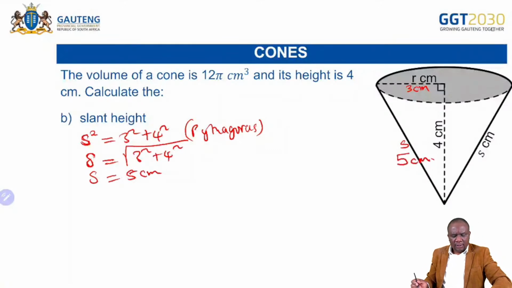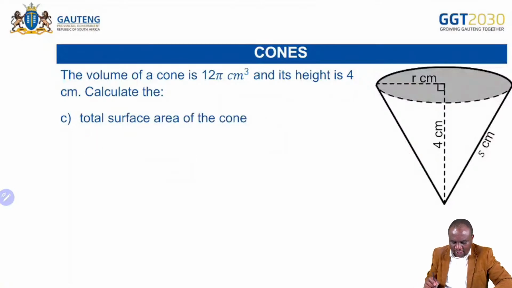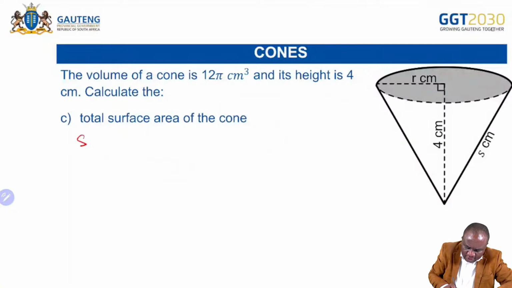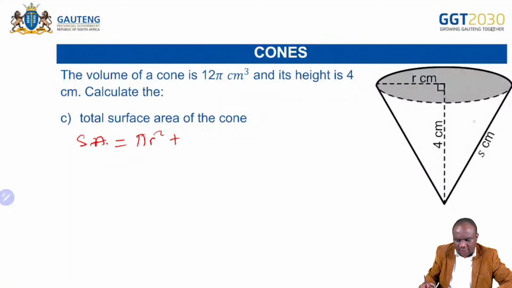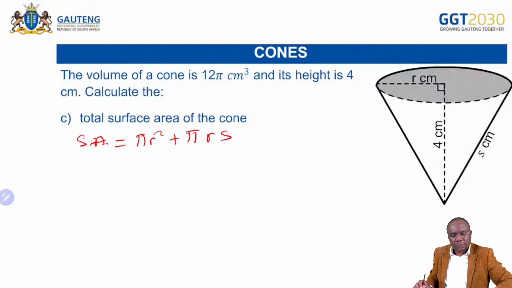Okay, right. And then the last one, the total surface area of the cone. Remember I said the surface area of the cone is equal to the area of the circle, which is pi r squared, plus the area of the sector of the circle, this lateral face, which is pi times radius times slant height.